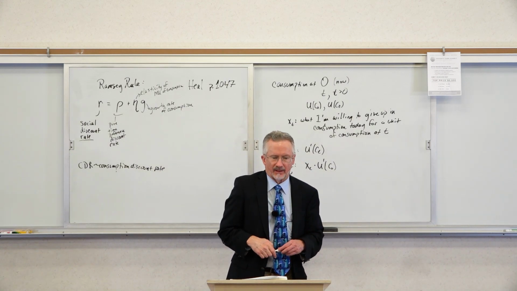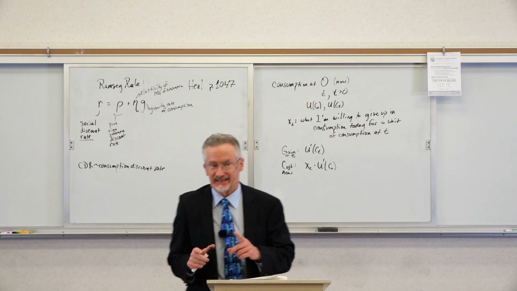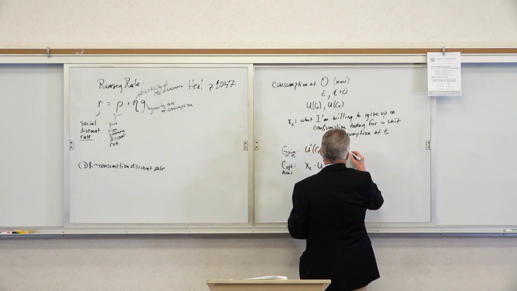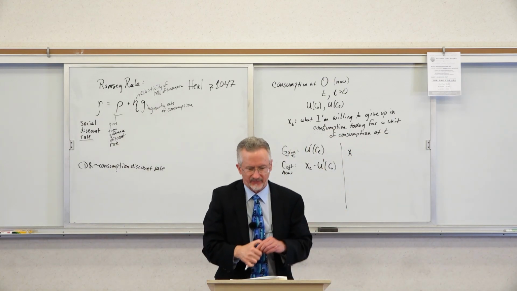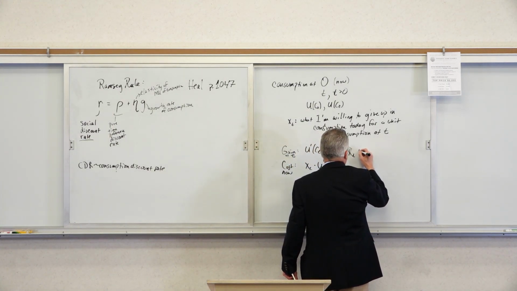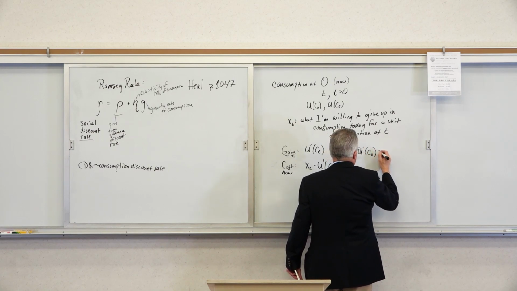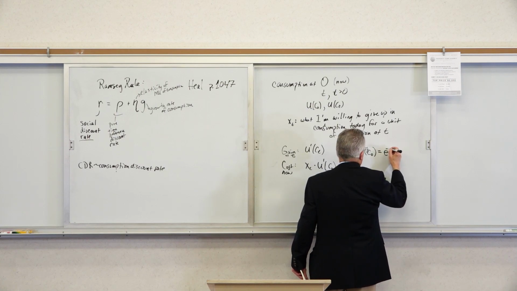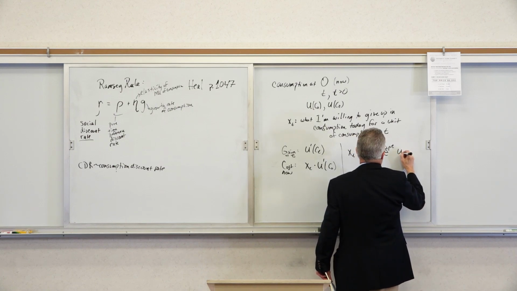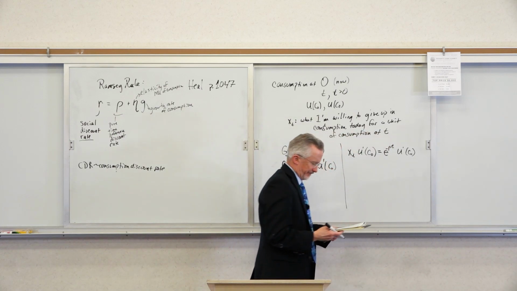Cool. All right. And so I know that with indifference, it must be the case that x_t u prime c naught is equal to e to the minus rho t, my discount factor, times u prime of c_t, okay?